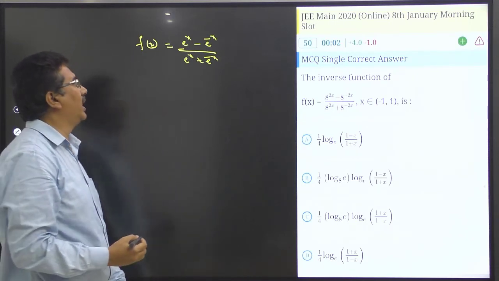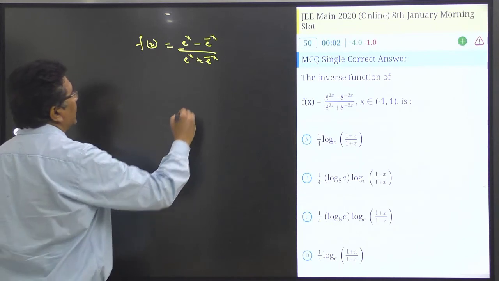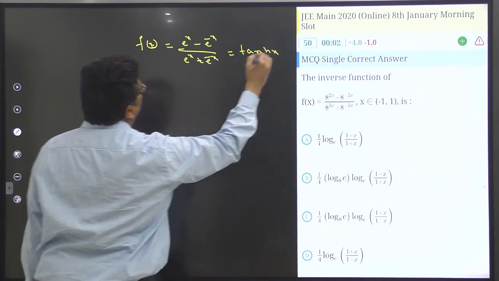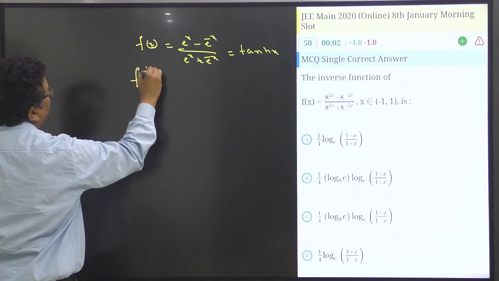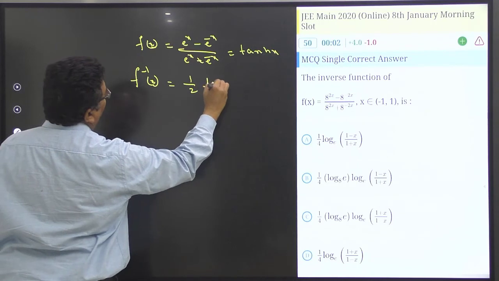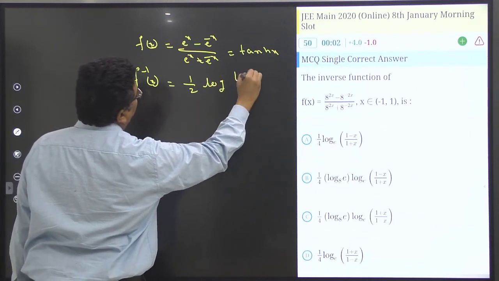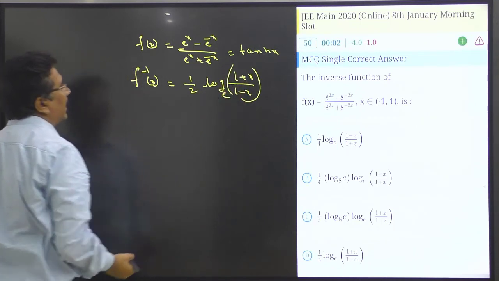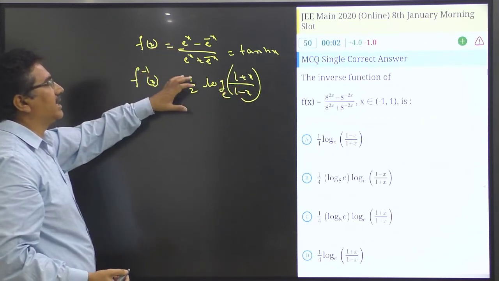So what is the inverse of tan hx, or f inverse of x? The inverse of this one is 1 by 2 logarithm of 1 plus x divided by 1 minus x to the base e. The inverse of this function is this.